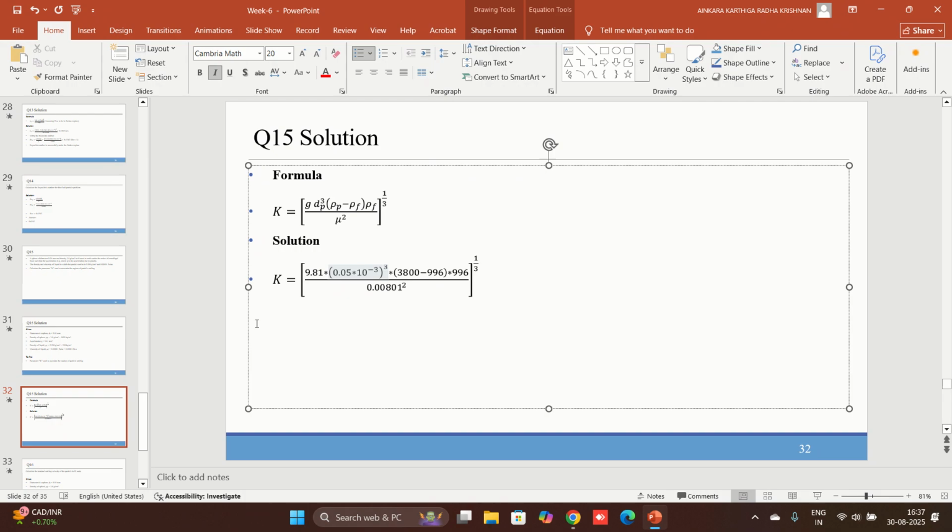So basically k is equal to 0.0534 to the power of 1 by 3. And now if we take the power of 1 by 3, it is 0.376.